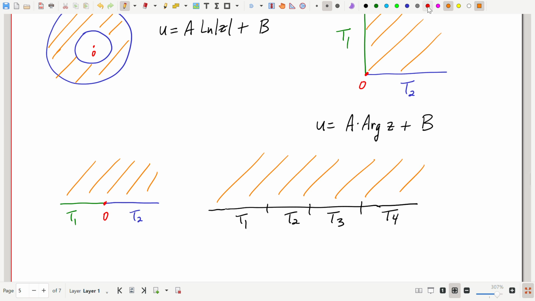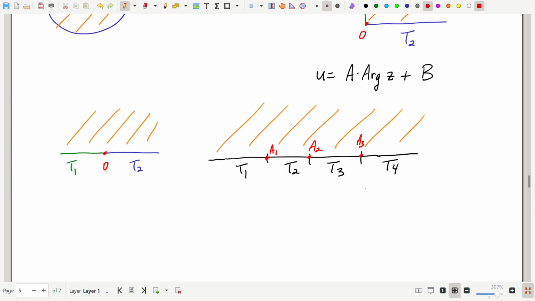Okay, and let's call this point A1, A2, A3. If I wanted to solve a heat problem like that, you would take, oh, I should call these something else.